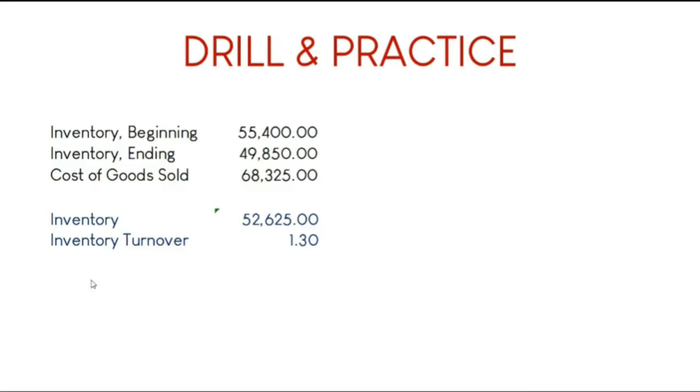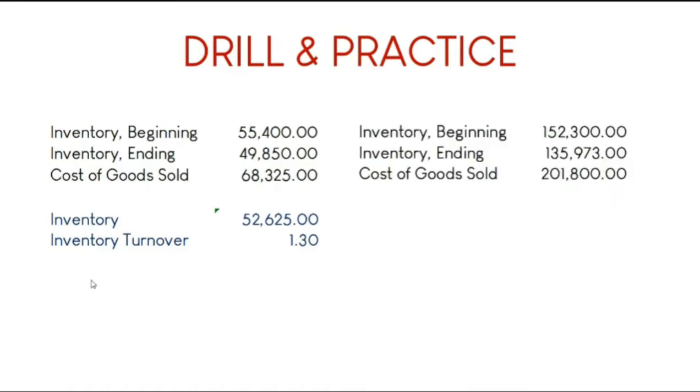So is the process, if the inventory beginning and ending is provided, clear? Yes po. Okay, try solving for the second set. 1.40 po. Okay, 1.40 is correct.